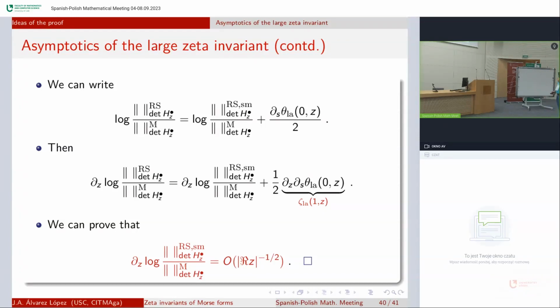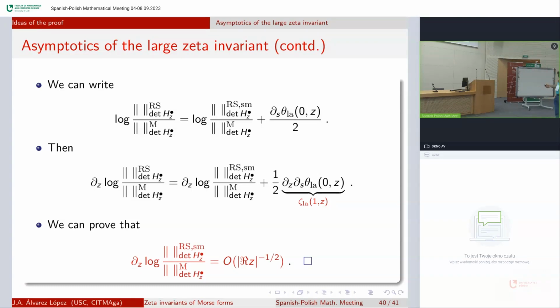Then we take the derivative with respect to the parameter c, and it turns out to be the derivative of the first logarithm, and in the second part these two derivatives are just the large theta function at its value at 1.